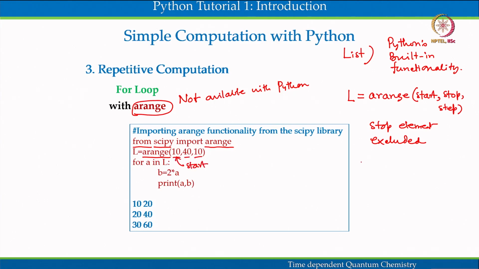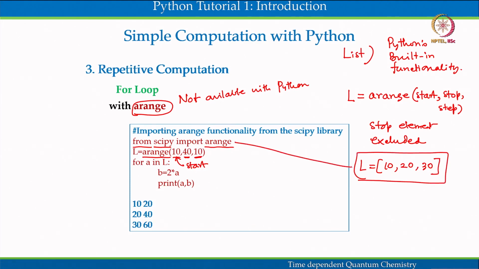So L is going to start with 10. Then it will stop at 40 and with an increment 10. So next element is going to be 20. Next element will be 30. Next element is going to be 40, but it will exclude 40 and it will not include it in the list. So this is the list I am going to prepare with the help of arange functionality.